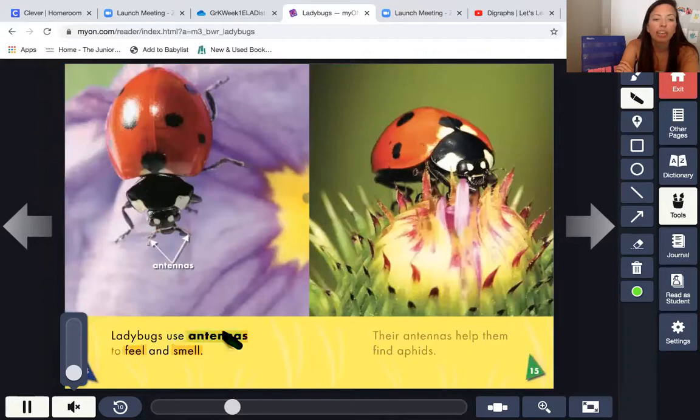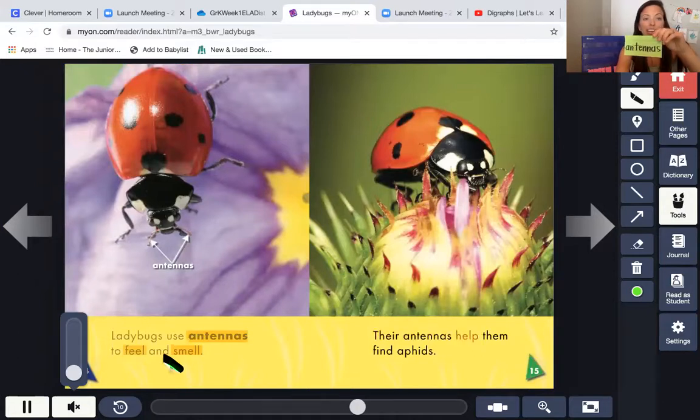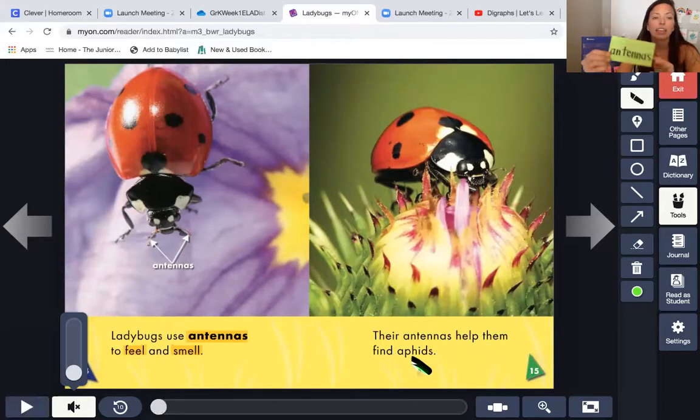Ladybugs use antennas to feel and smell. There's another word, antennas. Their antennas help them find aphids. So their antennas, what are they helping them do? Let's go back to the text. It says, ladybugs use antennas to feel and smell.